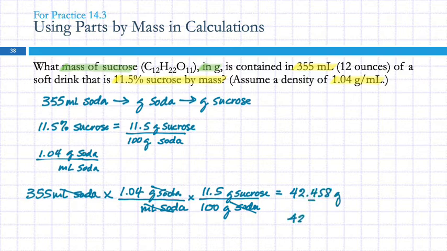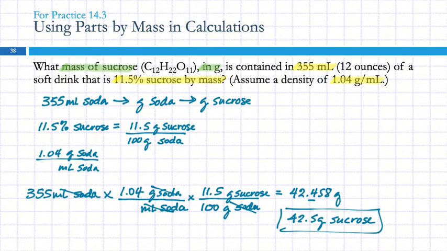So 42.5 grams of sucrose in 1 can of soda. Any questions? If this was parts per million or parts per billion, the only thing different is that this number would not be 100, it'd be a million or a billion.